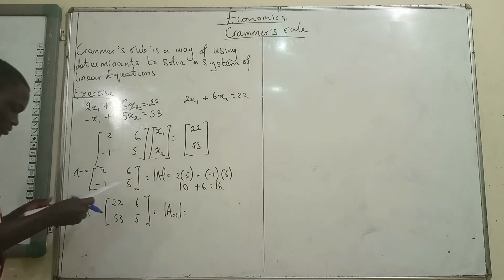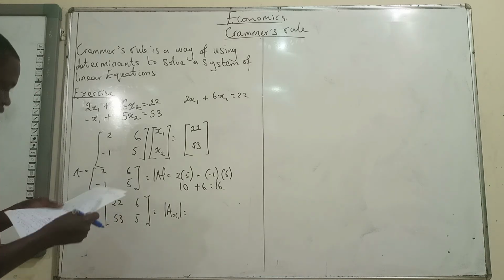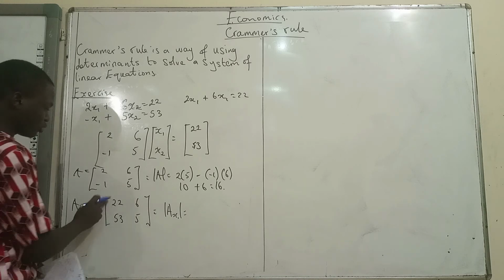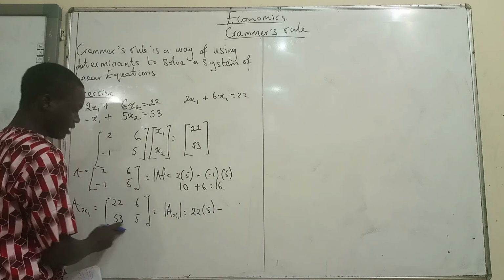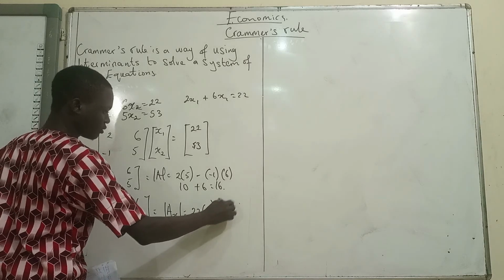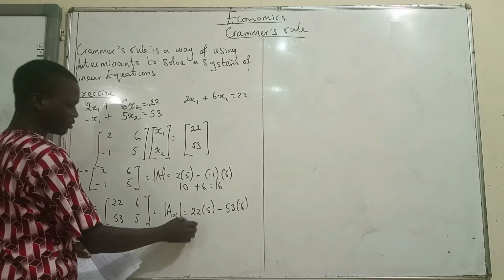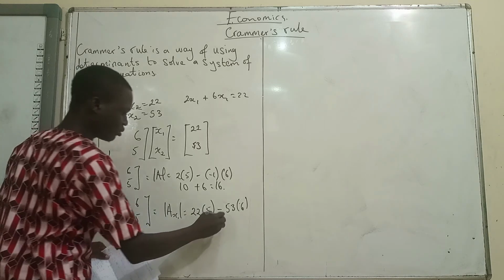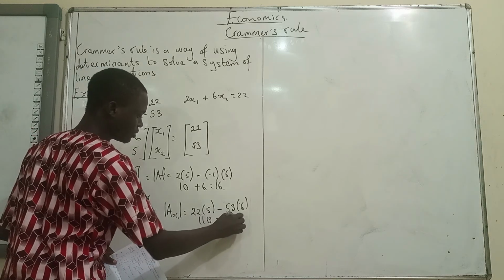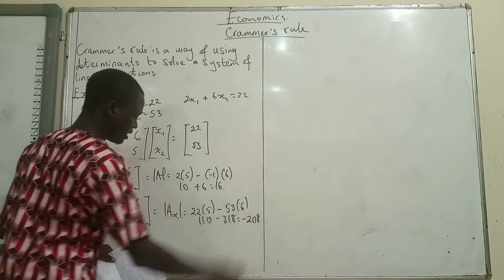So we have 22 multiplied by 5, minus 53 multiplied by 6. This is 110 minus 318, so then we have minus 208. That's the determinant of x1.